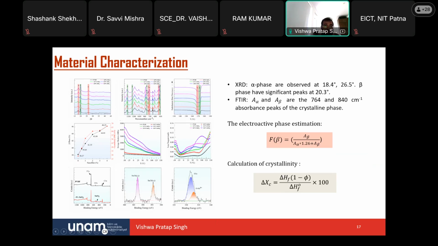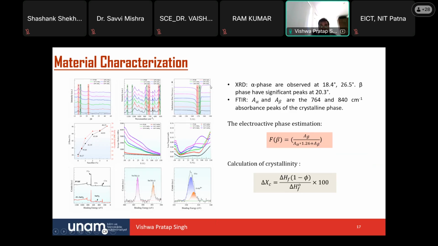But in case of here, you can see there is a clear peak. So the intensity is increasing for this 840 cm^-1 peak. That peak actually gives you the calculation of a higher amount of beta phase. So we calculated the higher amount of beta phase. We come to know that there is definitely enhancement in the beta phase, also enhancement in the crystallinity.